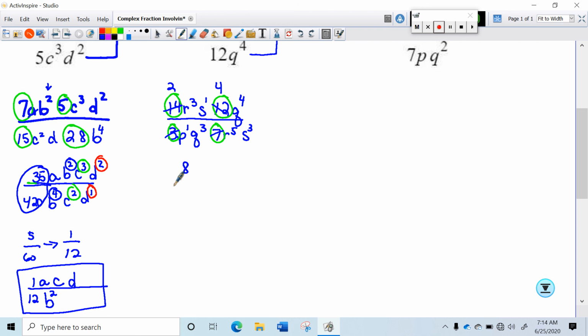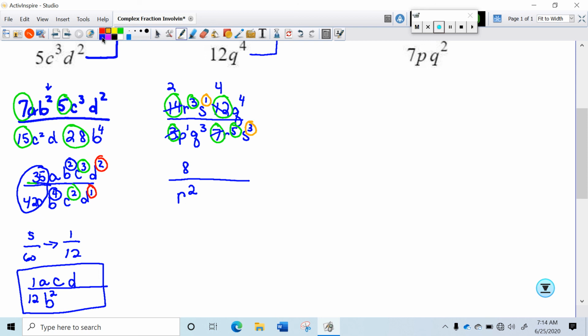Okay, now for my letters. For my r's, I have a 3 and a 5. So the biggest r is on the bottom, which means my r is going to be on the bottom. Then you subtract. 5 take away 3 is 2. For my s, I have a 1 and a 3.